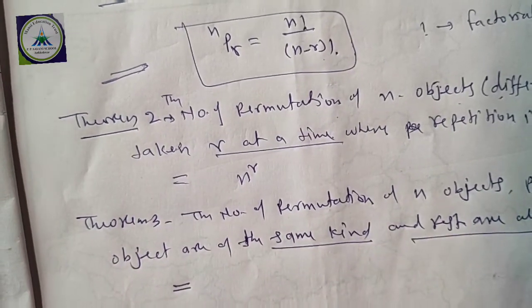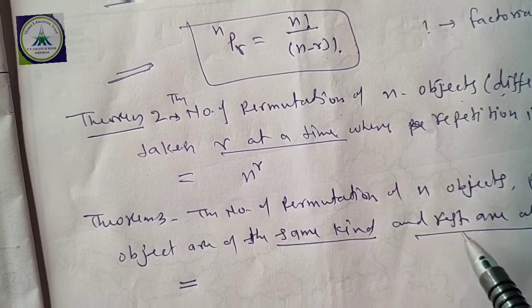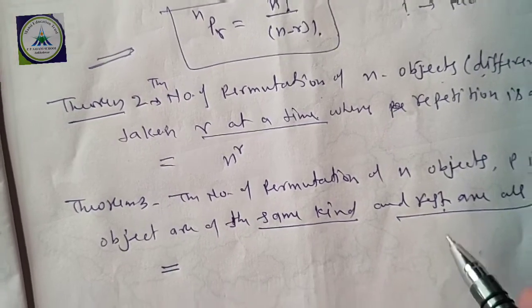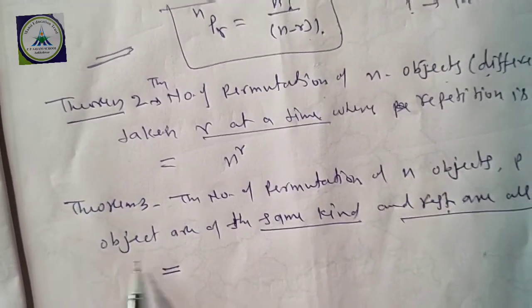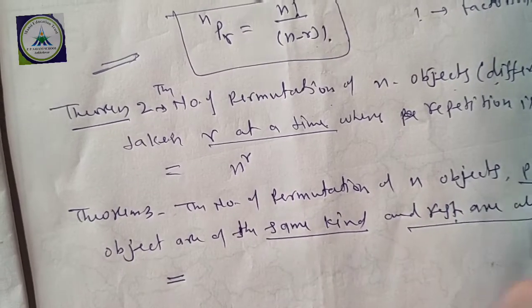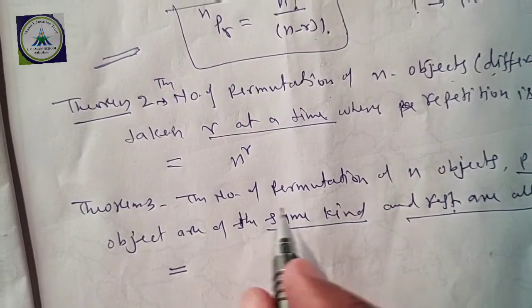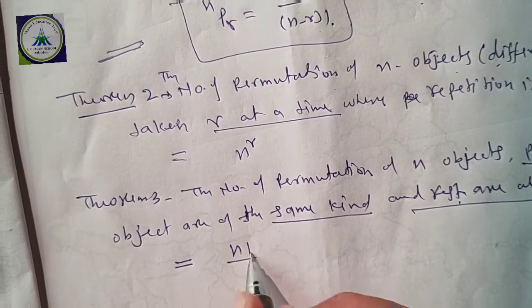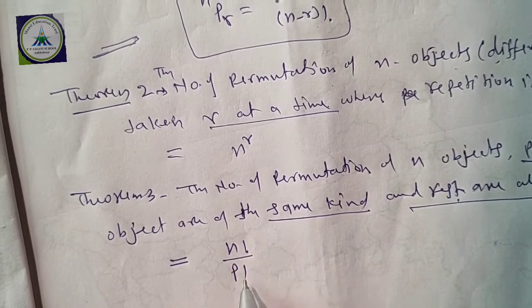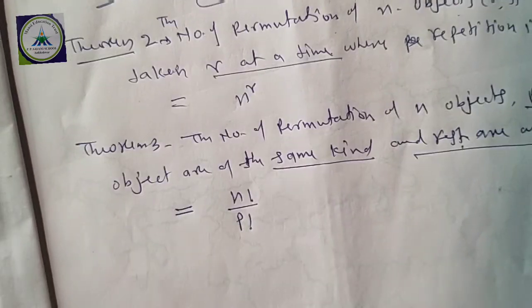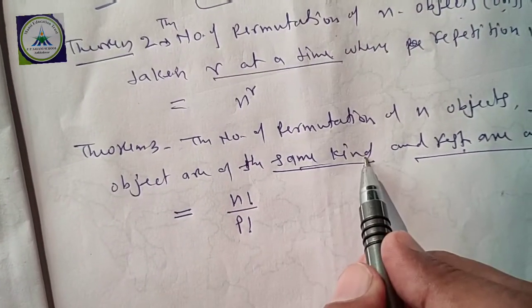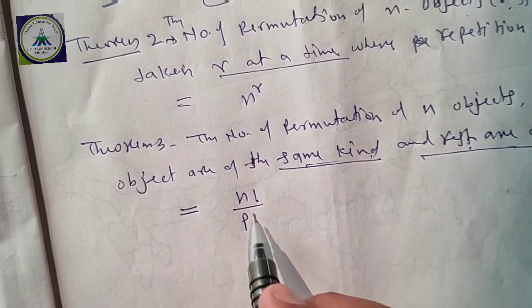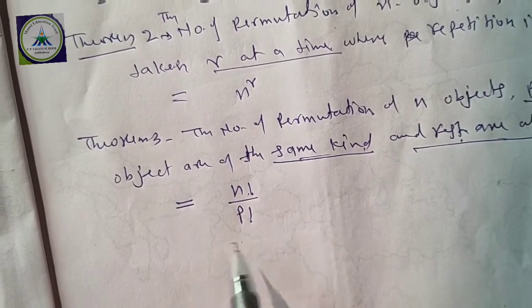The remaining words or remaining numbers are the rest. So the number of permutations equals factorial n upon factorial p. This is the formula. You know about same kind and rest. Same kind: factorial n upon factorial p.